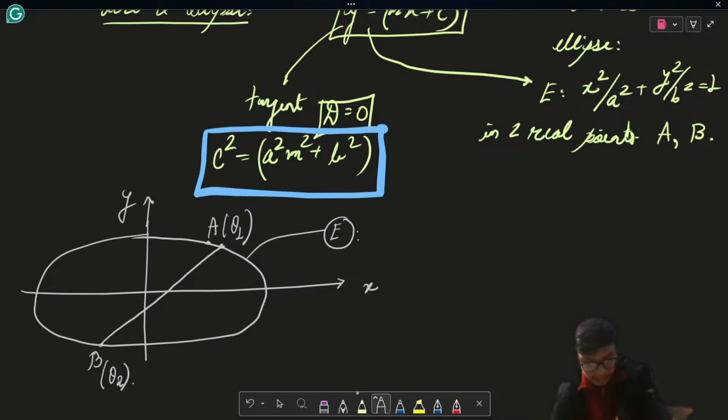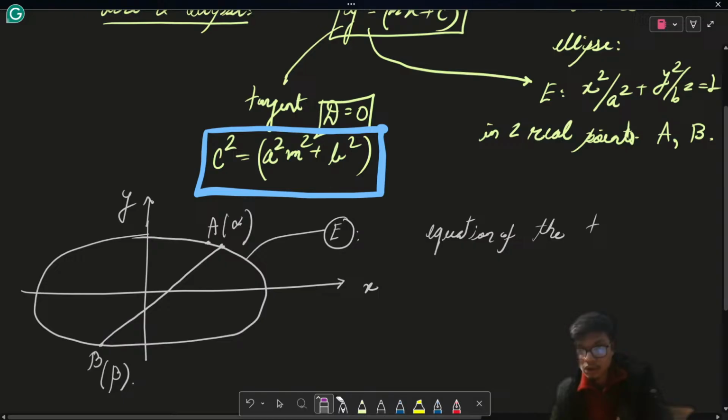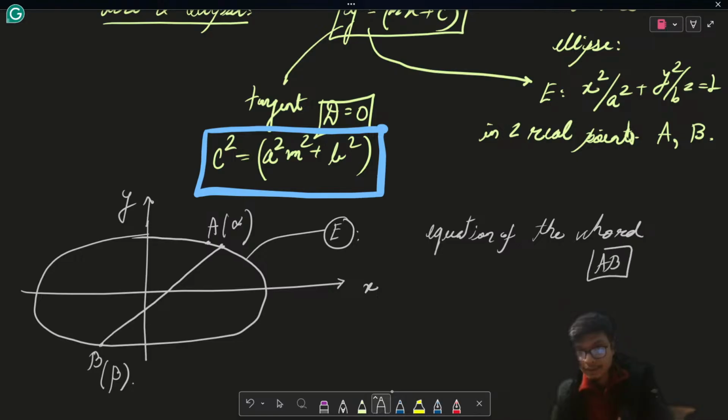theta 2. Now if I want to find out the equation of the tangent, or let us say alpha and beta, let us write in terms of standard nomenclature, that is alpha and beta, then I can easily write down the equation of the tangent, oh sorry, not the tangent, it is the equation of the chord. So then I can write the equation of the chord here. In this case it is AB.